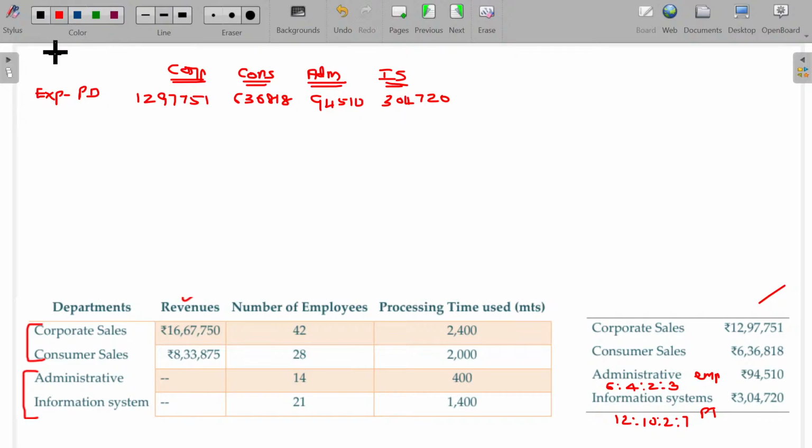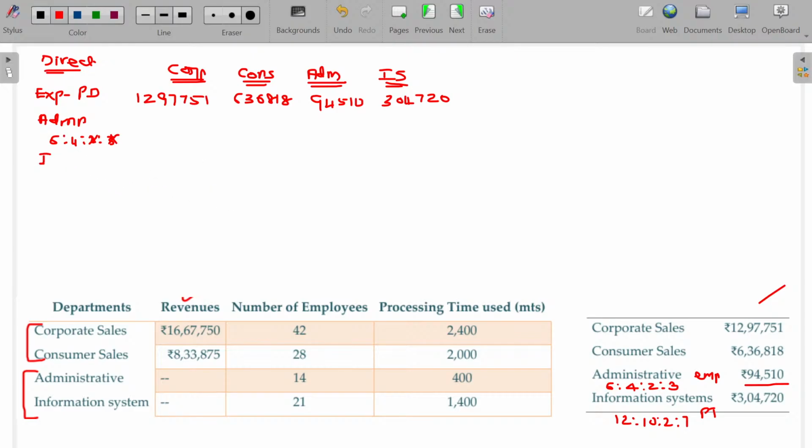I am going to follow the direct distribution method. I start with administrative expenses. This will be distributed using 6 is to 4 is to 2 is to 3. In this case, direct means the other 2 will not be considered.